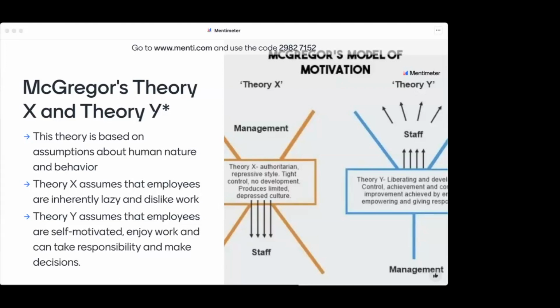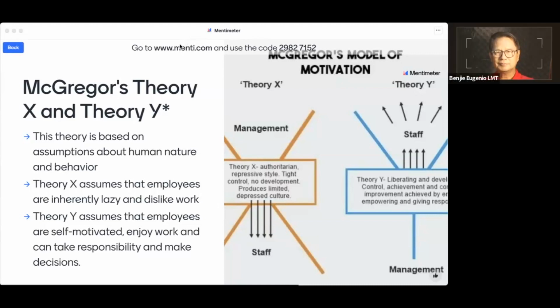Sometimes some of them are not that motivated with monetary, no? But then ang ginalantaw nila is the relationship they tend to stay in the organization even though they have opportunities outside, no?